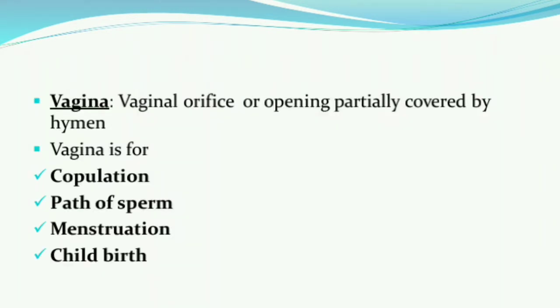The next part is vagina. Now vaginal orifice or vaginal opening is partially covered by a membrane called hymen. Hymen is often torn during the first coitus or intercourse.